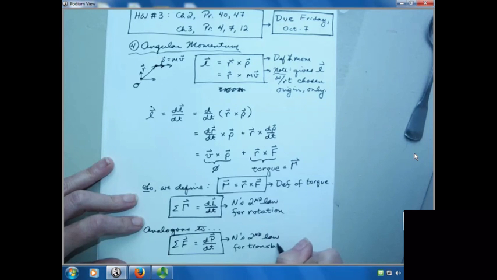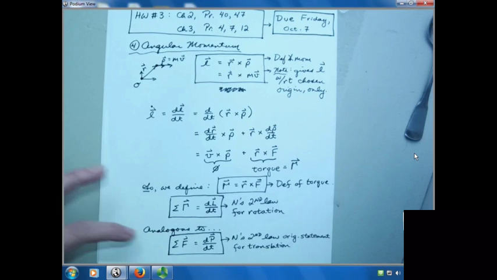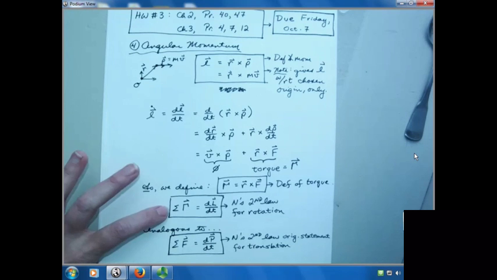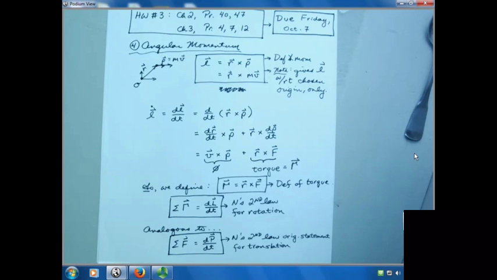Usually we think about Newton's second law as being simplified to F equals ma. That's fine, but we should remember this is the original statement. So we definitely see that there's an analogy here, and you can imagine that this expression is also going to give us an equation of motion for the rotation of an object.